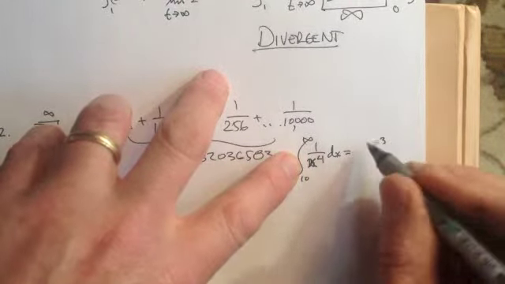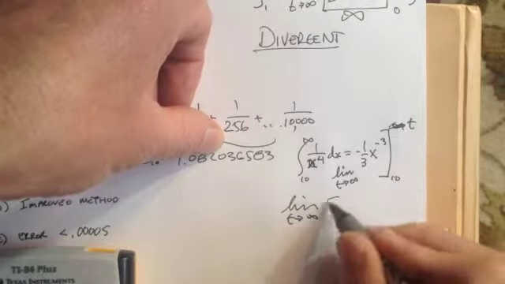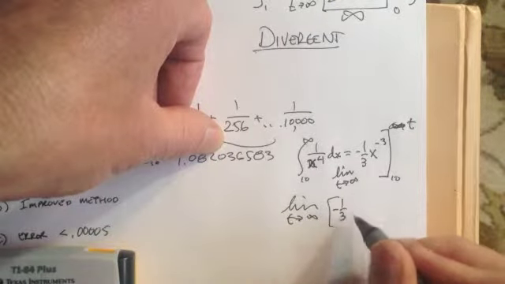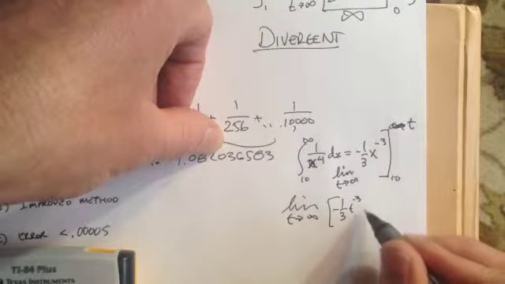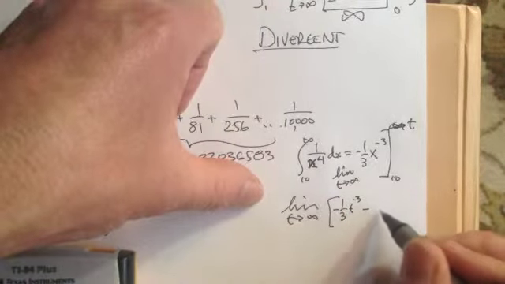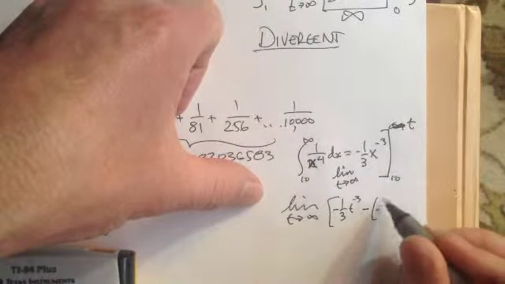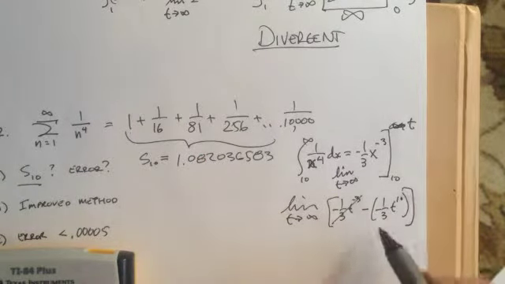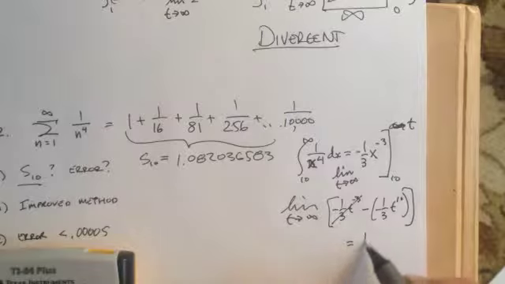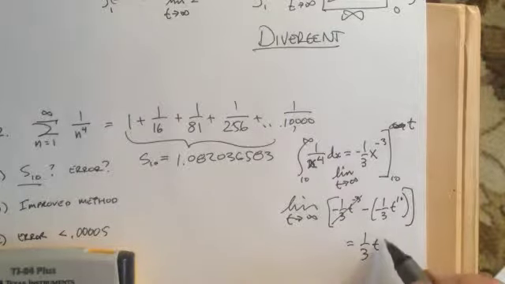Then that becomes the limit as t goes to infinity of minus 1/3 t to the minus 3 minus a minus 1/3 t to the 10th. As t goes to infinity, that drops out, and I get minus that, so it's just 1/3 t to the 10th.